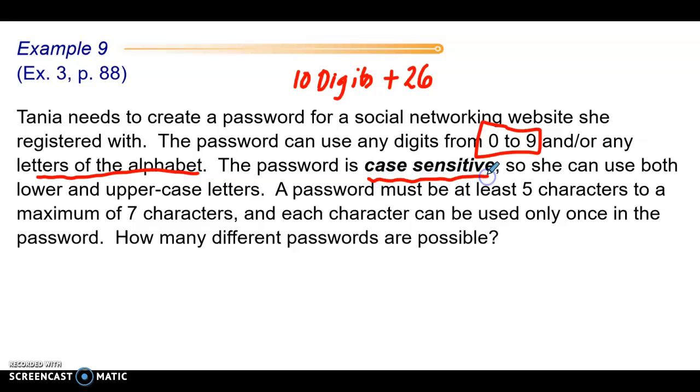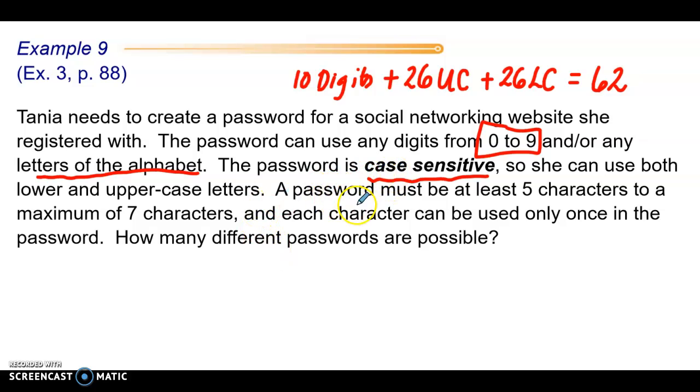So that means there is a difference if it's an uppercase letter or a lowercase letter. So there are 26 uppercase letters and 26 lowercase letters. So in total, there are 62 possible choices for the password.